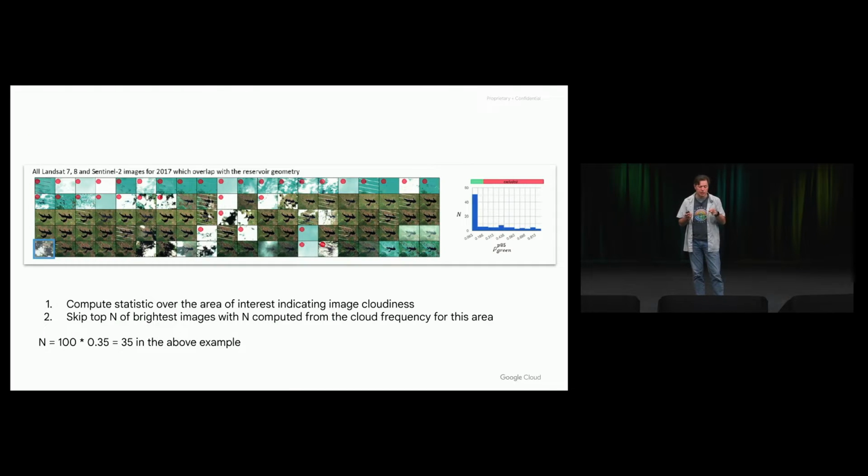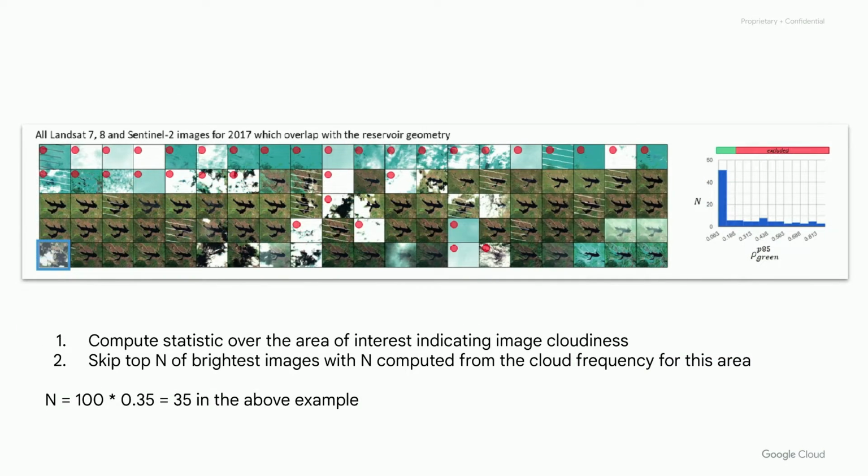And here's an illustration for this approach. Basically, you compute some statistics which correlate to cloud cover in this area of interest. In our case it's just one pixel, but you could also take multiple pixels.